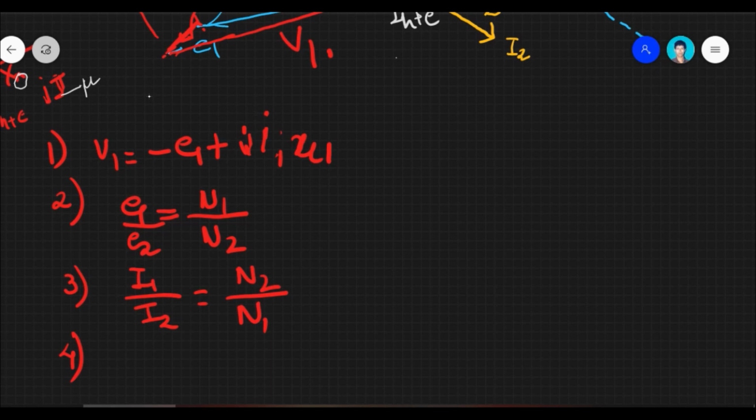Equation number 4 is E2 is equal to V2 plus jI2 x L2, right? Then, I have a bad habit of making mistakes between capital and small letters. Don't get confused. Obviously you can ask me later on.